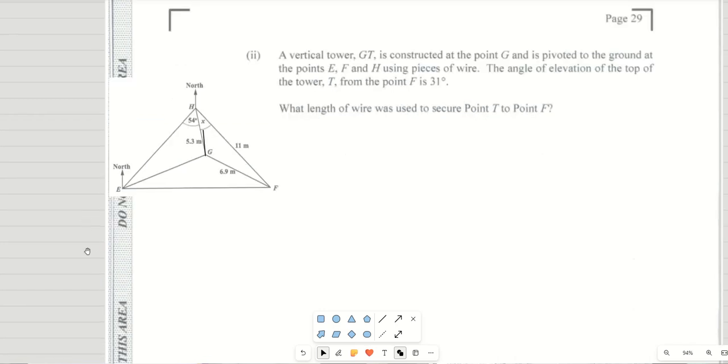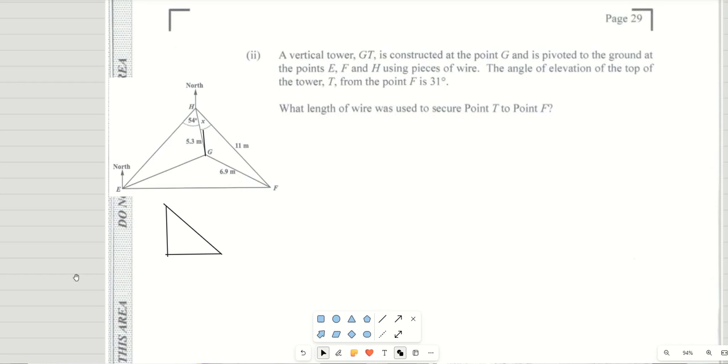So I am going to just draw that over. I'm going to draw the first straight line, that is G and F. Then we have FG, which is kind of coming out, but I'm just going to draw it like this for representation purposes. And then they want to know the length from the top of the tower to F.